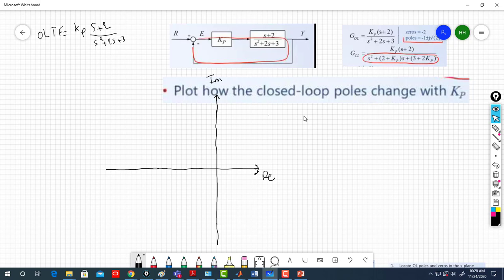Maybe I didn't explain, but let me tell you something. The definition of open loop: just take this branch. You see where my arrow is? Take this branch and open it, don't close it. So if I open it, I'll find in my way Kp and S plus 2 over S squared plus 2S plus 3.